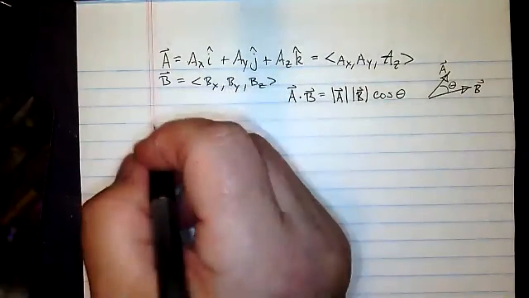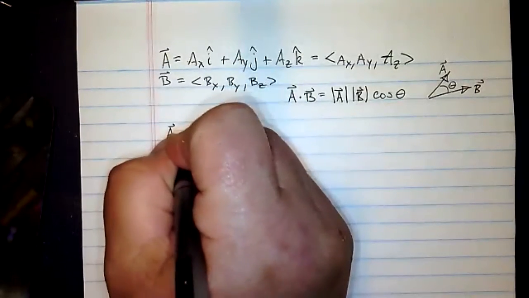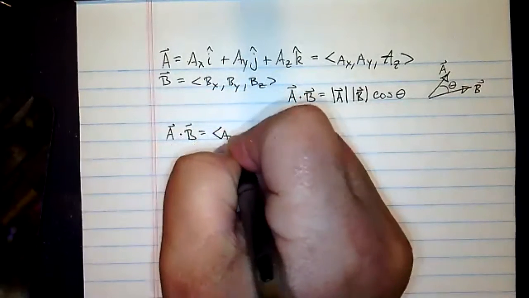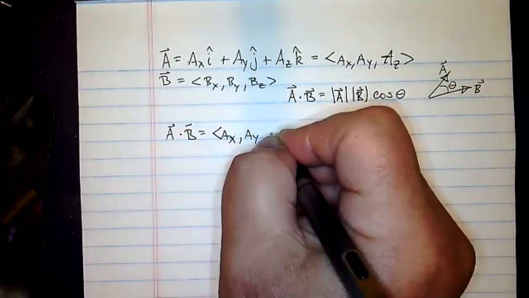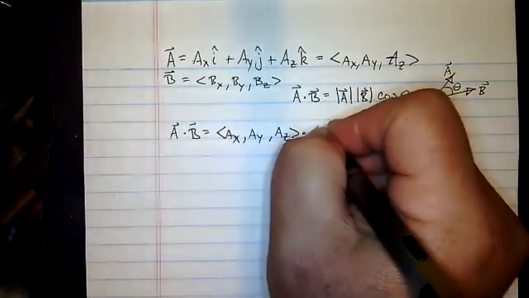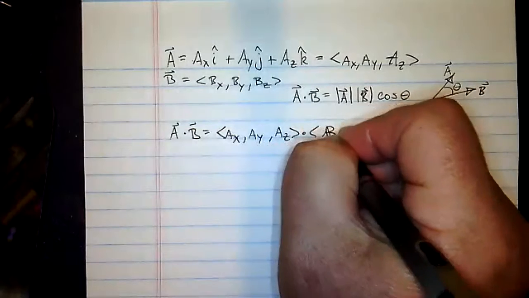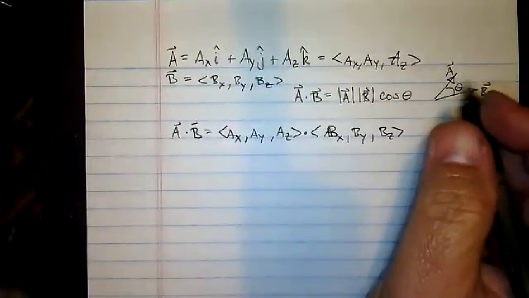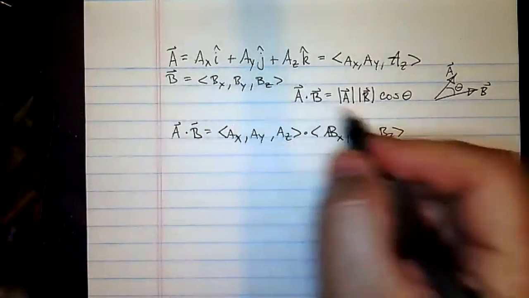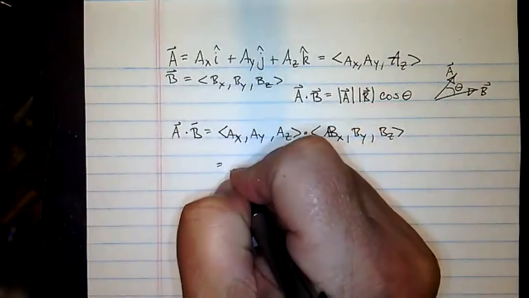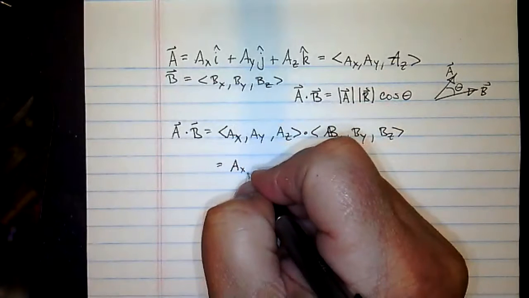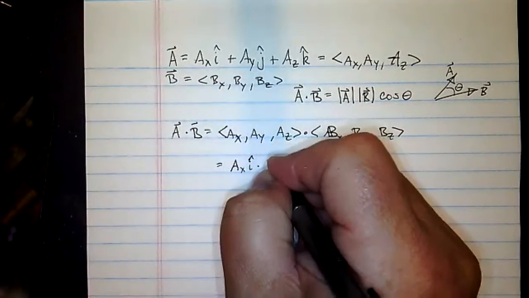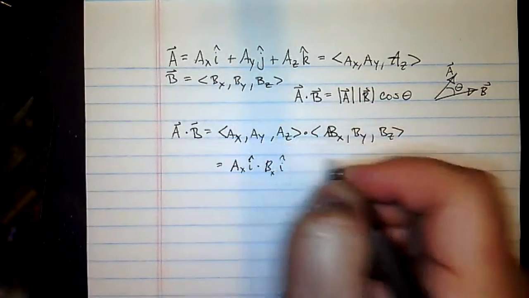So anyways, the other definition is A dot B is equal to AX, AY, AZ dotted with BX, BY, BZ, and in this case, this is just a linear operator, so you're literally just going to take and set this equal to AX i hat dotted with BX i hat.